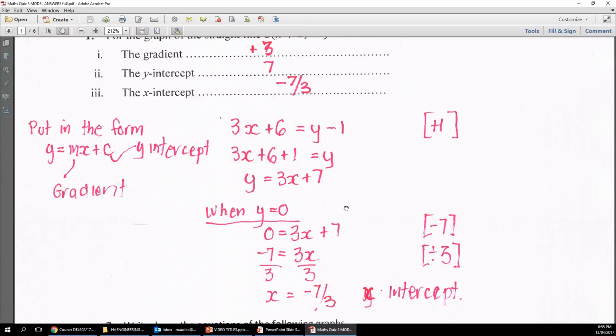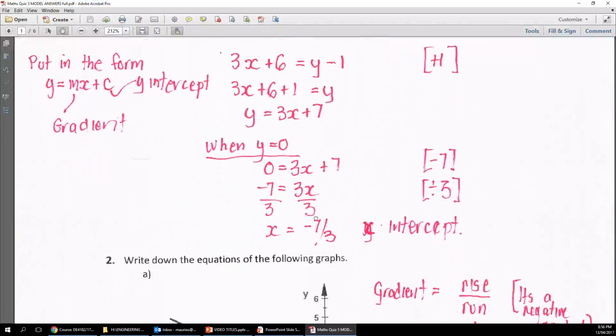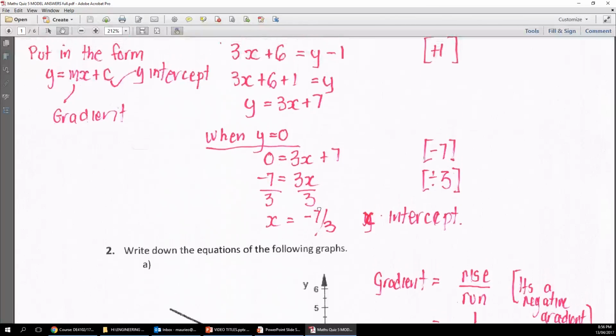Now the x-intercept occurs when y equals 0. When y equals 0, that gives us the x-intercept. So we substitute 0 for y in the equation: 0 equals 3x plus 7. And then we can subtract 7 from both sides.